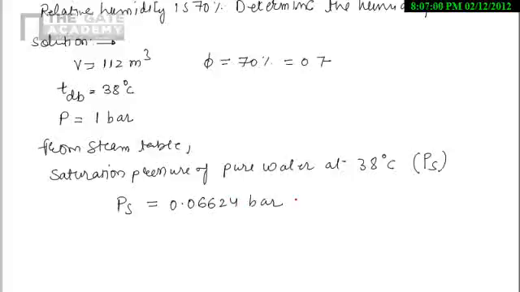Now we have to find the humidity ratio. But before that, we have the relative humidity, so in this way we can find the partial pressure of water vapor.